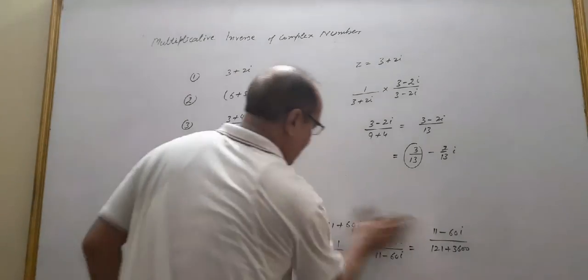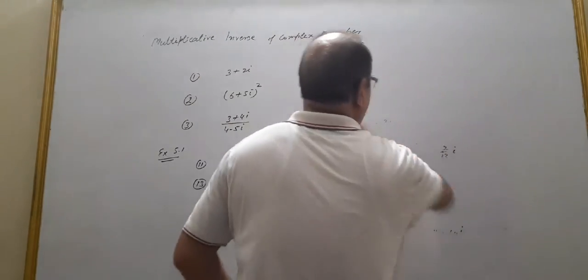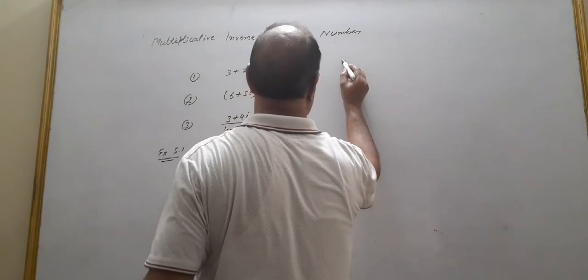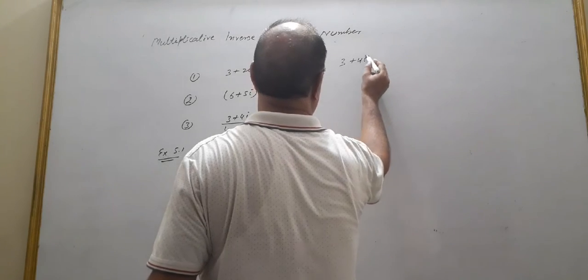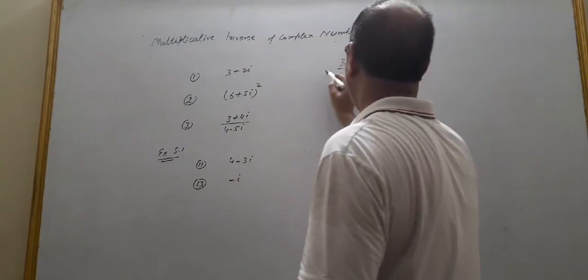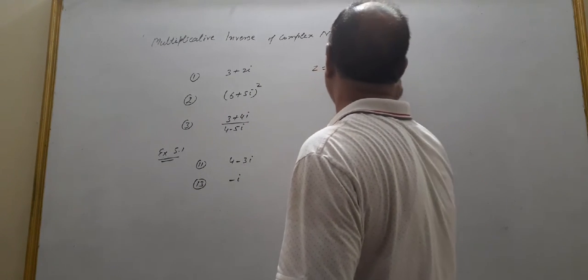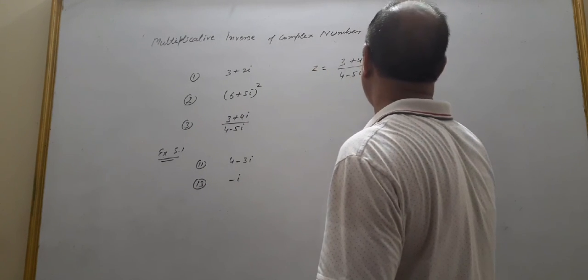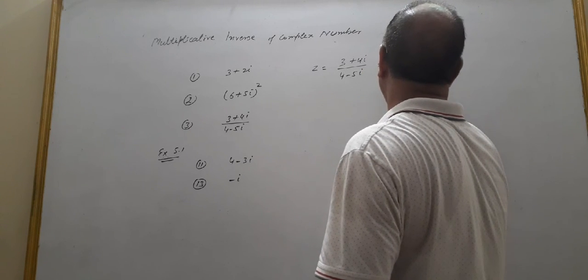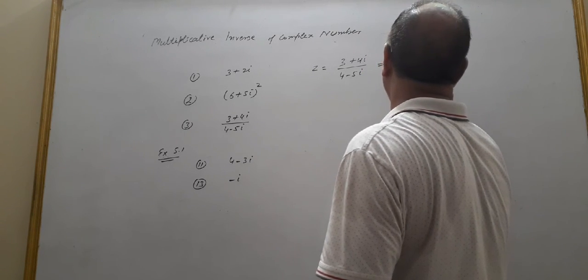Now, after this, example number 3: how to write the multiplicative inverse of this, that is 3 plus 4 iota upon 4 minus 5 iota. You know that the multiplicative inverse of a complex number is 1 by z. So it can be written as 1 upon z, where z is 3 plus 4 iota upon 4 minus 5 iota.